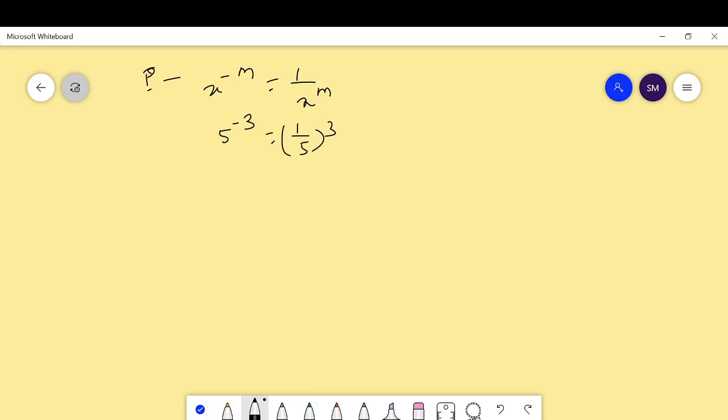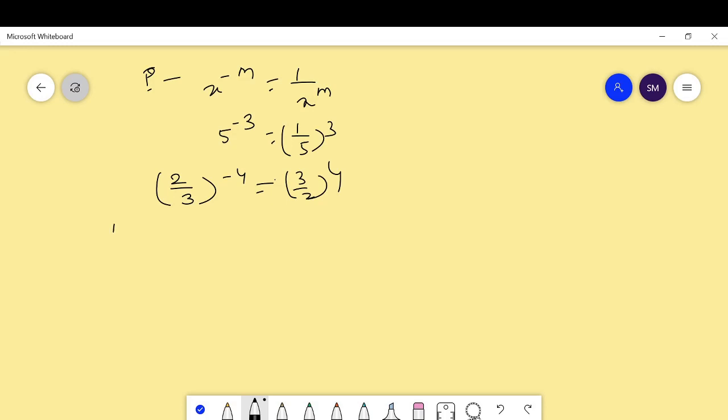This is the reciprocal of the rational number. Suppose you are given 2 by 3 to the power minus 4, which is equal to 3 by 2 to the power 4. In case of negative exponents, you cannot find the value. At first, convert the negative exponents into positive exponents and find the value.